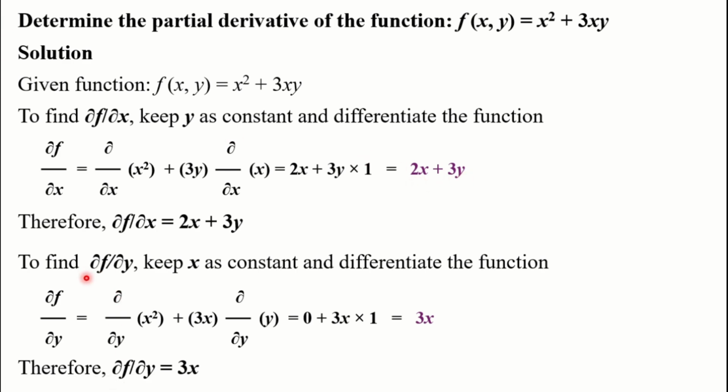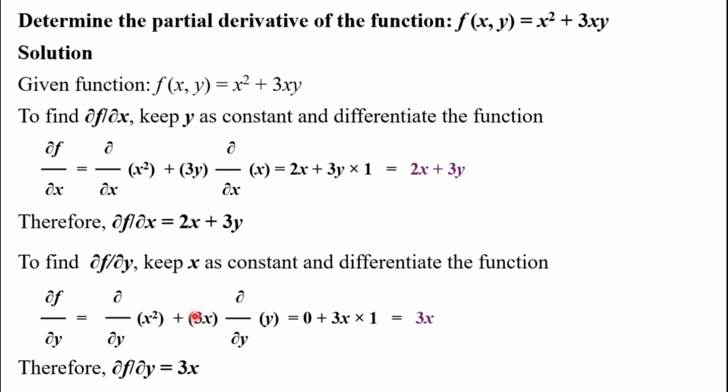Now we need to find the partial derivative with respect to y, keeping x as a constant. The partial derivative of x square with respect to y plus 3x. Why do we bring 3x outside? Here we are finding the partial derivative with respect to y, which means we treat x as a constant.